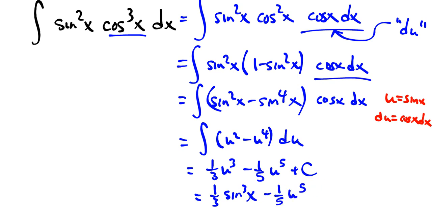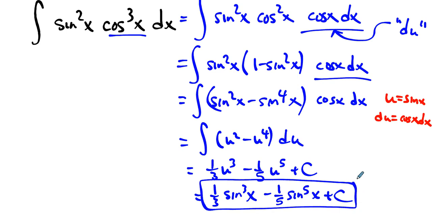Oh, mercy. And so we're done. The key, again, we had an odd power, so we broke off a cosine and did a fairly straightforward u substitution.